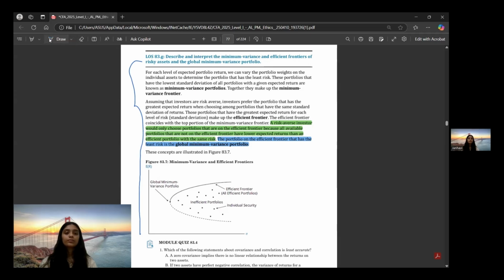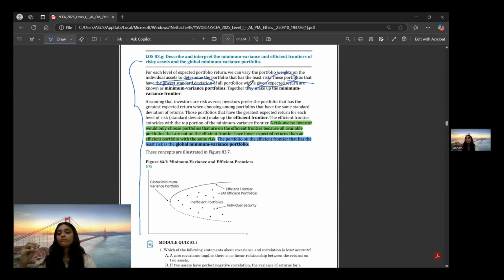Okay, so the portfolios that have the lowest standard deviation, the lowest amount of risk of all the portfolios with a given expected return.